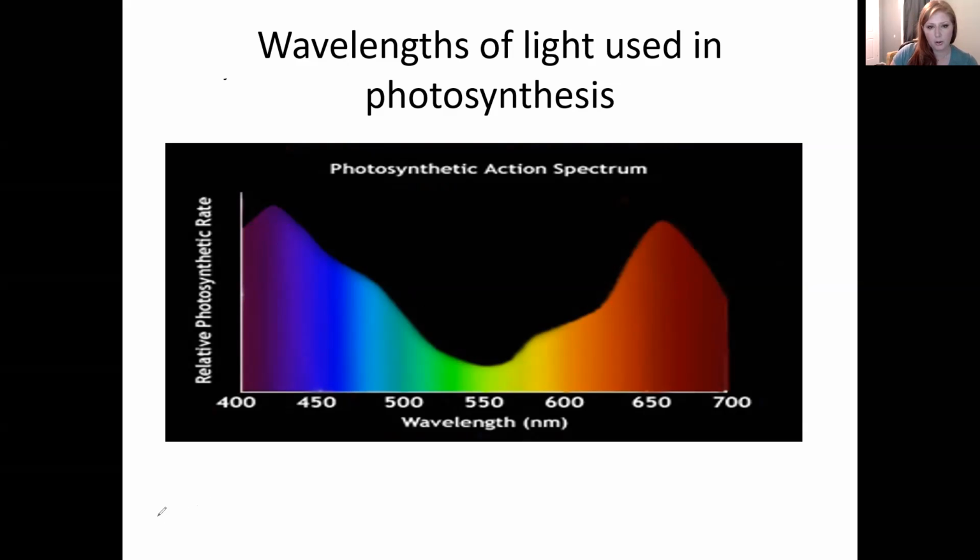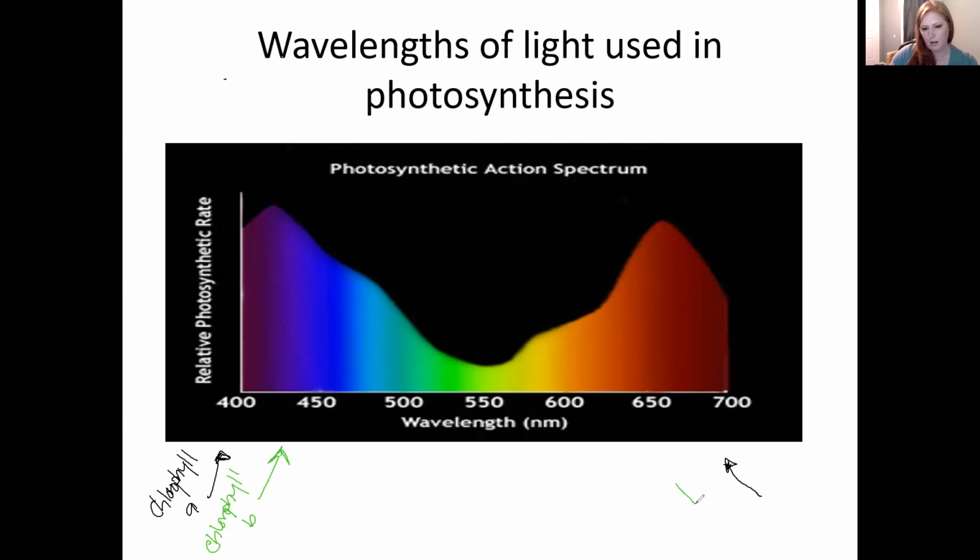Well, remember we talked about our different chlorophylls? Chlorophyll A, if you recall, is going to do our violet end and the red end, okay? And then we have chlorophyll B, and it's going to do more of this blue end and the orange end.